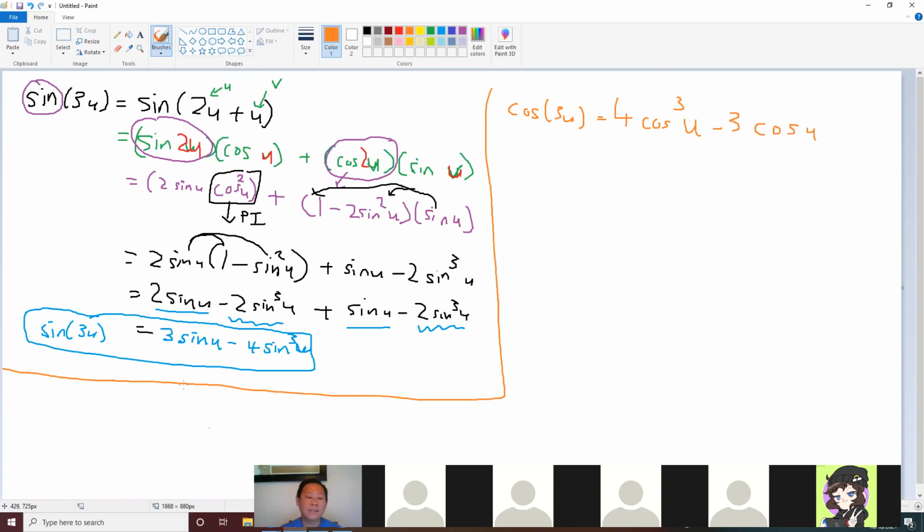So the cosine one is actually very similar to this. Again, you just need to change your sine to become cosine, and then you just flip it, the first term and then the other one. So write this down. I want you guys to prove this. And your proving is very similar to what we did here in sine 3u.